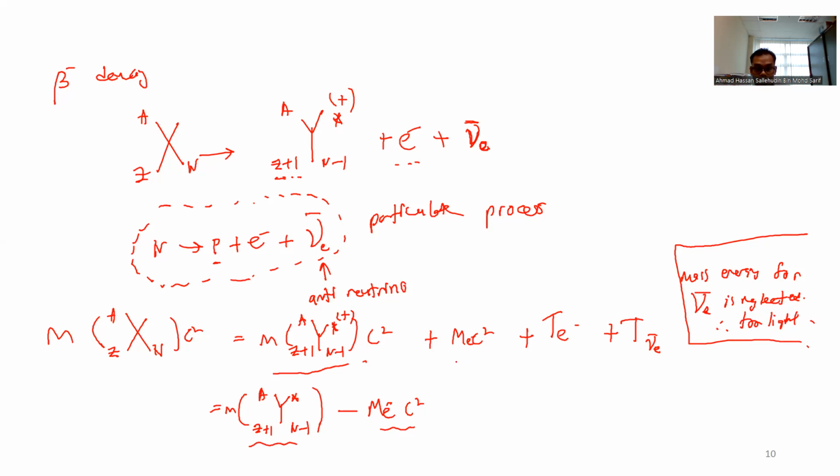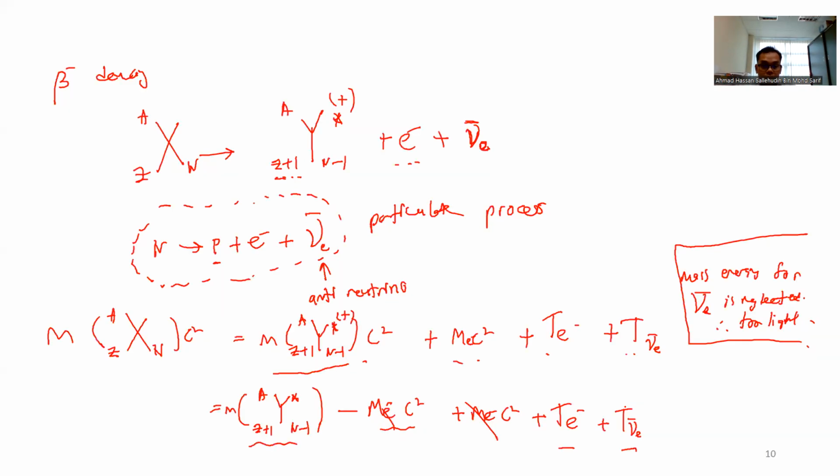So the rest are following. So Me c square plus Te minus plus T. You see the factors with regard to the mass energy of electron are cancelled, so you end up with only the kinetic energy of the electron and the antineutrino.